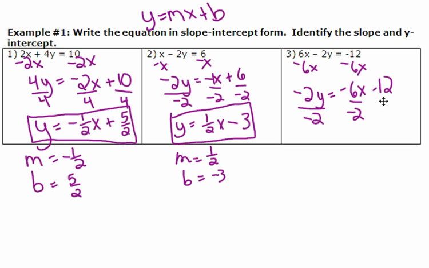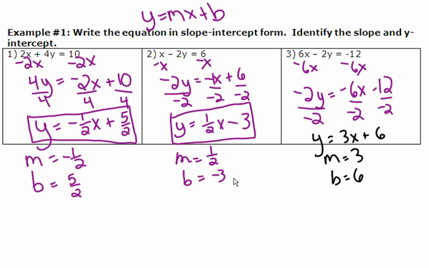Remember, every term gets divided by negative 2. So I have y equals, it's a positive 3x, because two negatives make a positive when you divide, and it would be plus 6, because two negatives when you divide make a positive. So here my slope is 3, my y-intercept is 6.